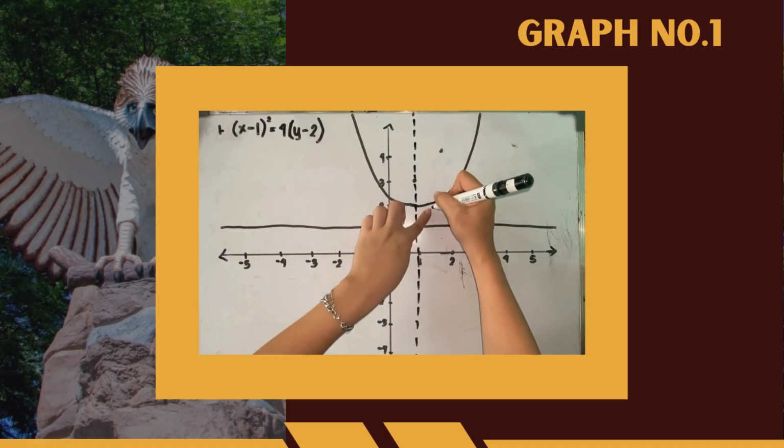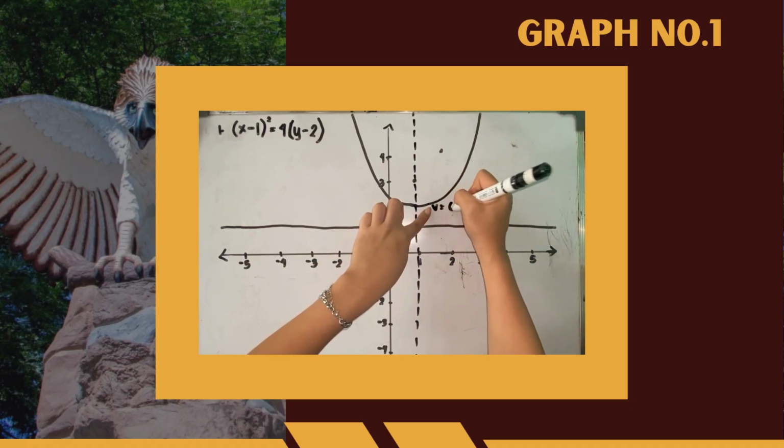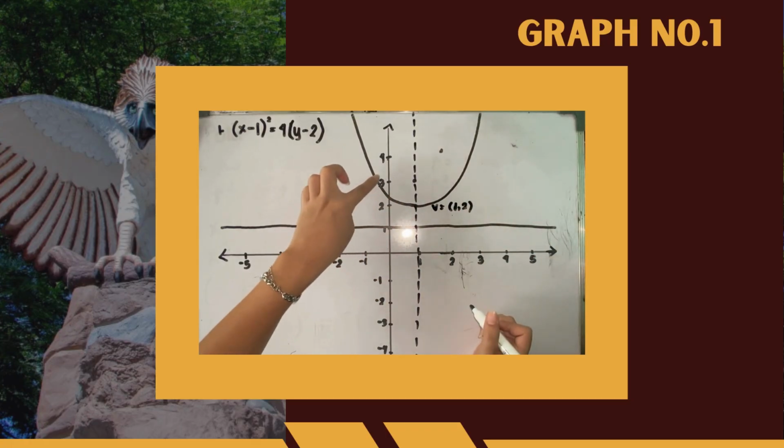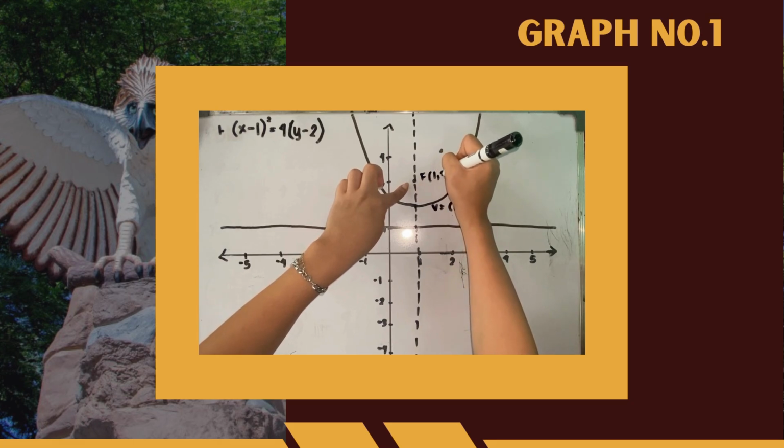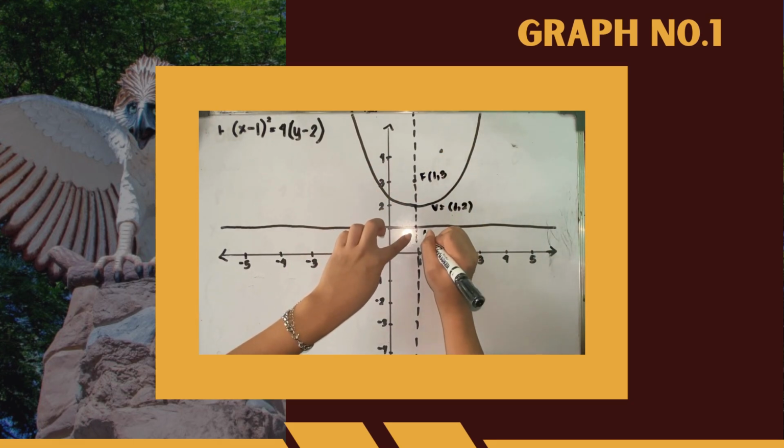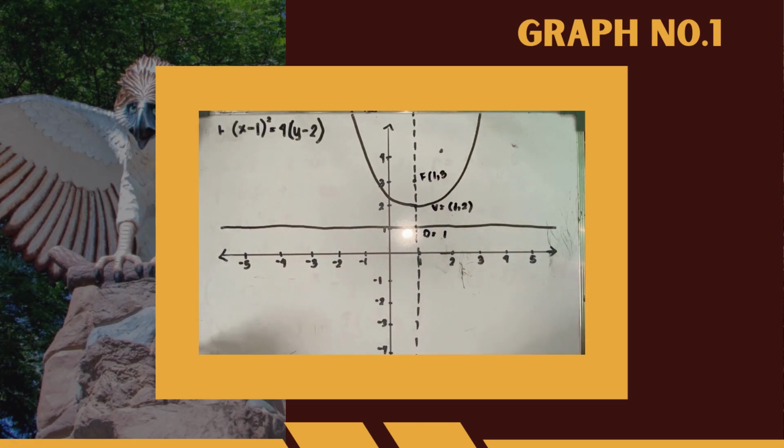This is our vertex, 1 and 2, for our focus, 1 and 3, for our directrix, this one, and this will be our graph for number 1.